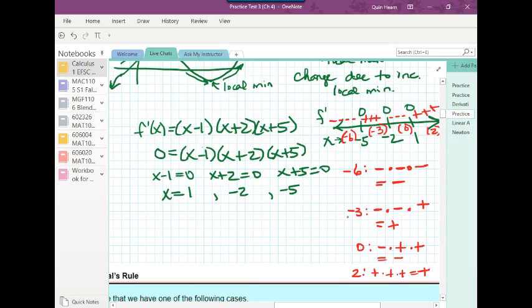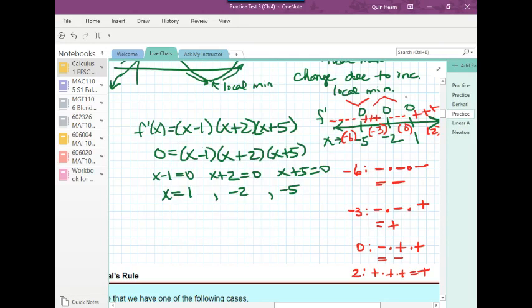Okay, if we plug in -3 for x, what are we going to have here? -3 minus 1 would be a negative. -3 plus 2 would be a negative. And -3 plus 5 would be a positive. So negative times negative times positive equals a positive. All right, and then we're going to plug in 0.